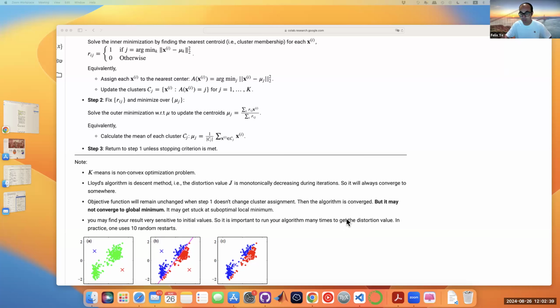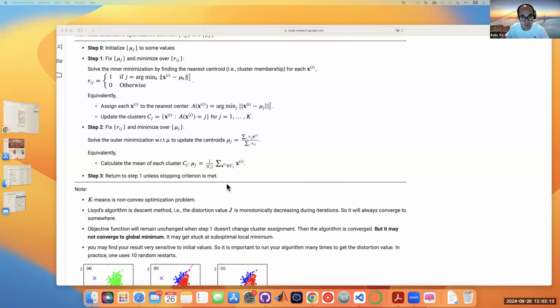This is very important because it might get stuck in some local minimum here, but my global minimum is much lower here. So you should always use the distortion value as a golden standard. You restart with 10 different random initial conditions, then compare the final distortion values, and pick the result with the lowest distortion value out of these 10 random starts.